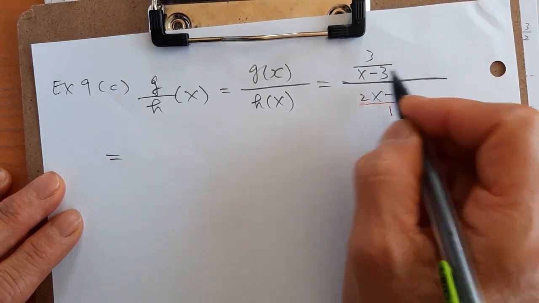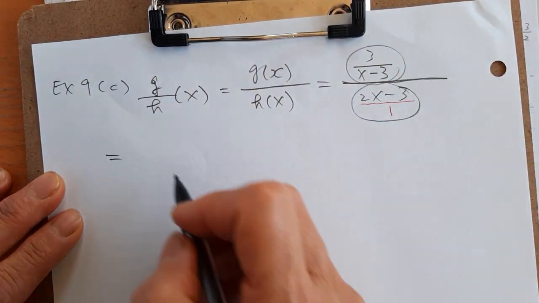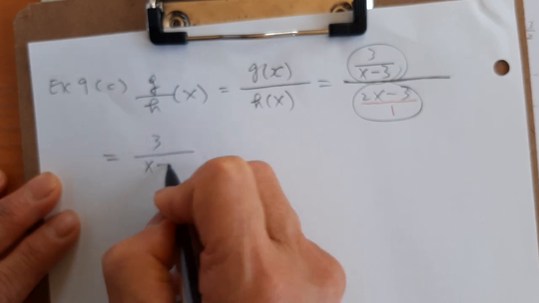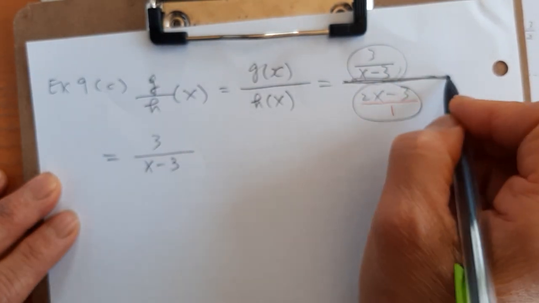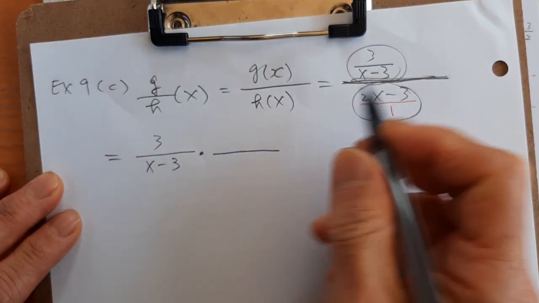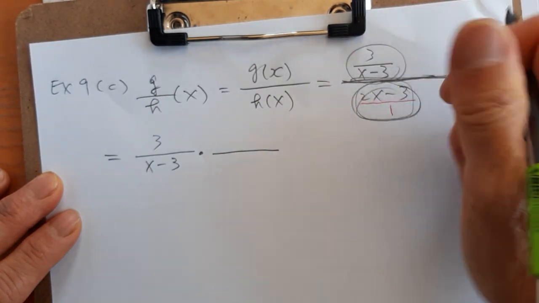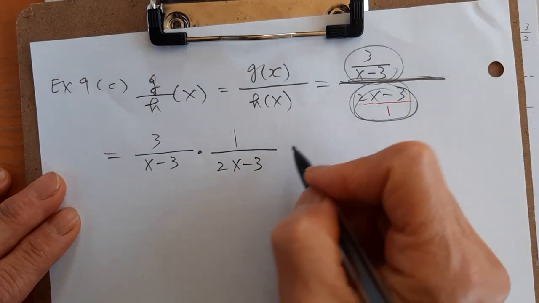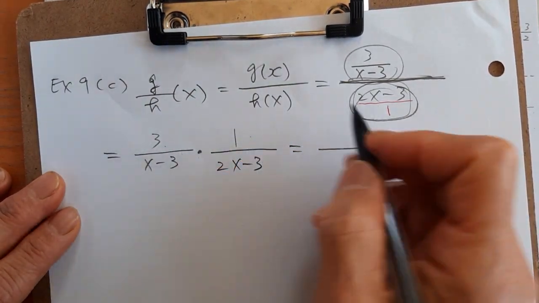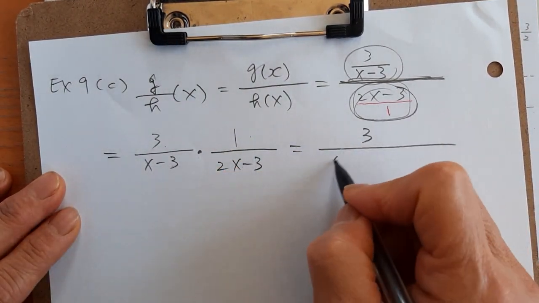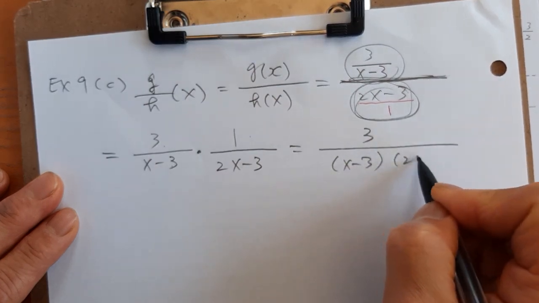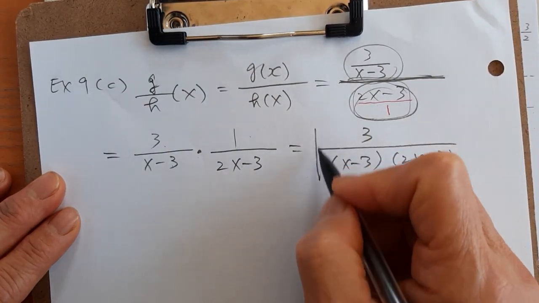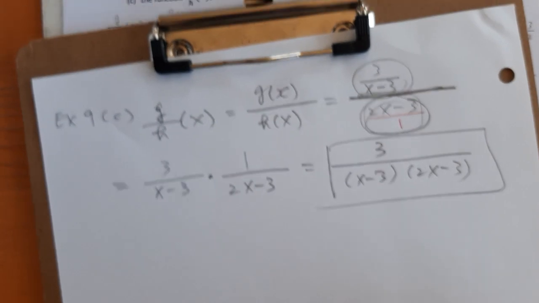So the two fractions you divide: 3 over x minus 3. This division changes to multiplication. The second fraction becomes its reciprocal, 1 over 2x minus 3. So then multiply: 3 times 1 is 3. Denominator multiply: x minus 3 times 2x minus 3. This is g over h of x.